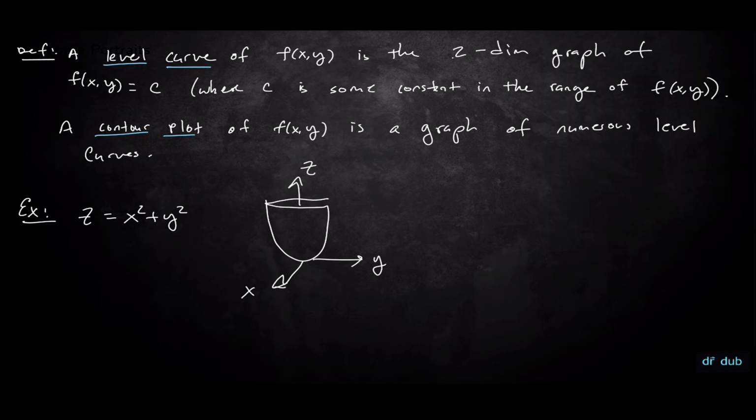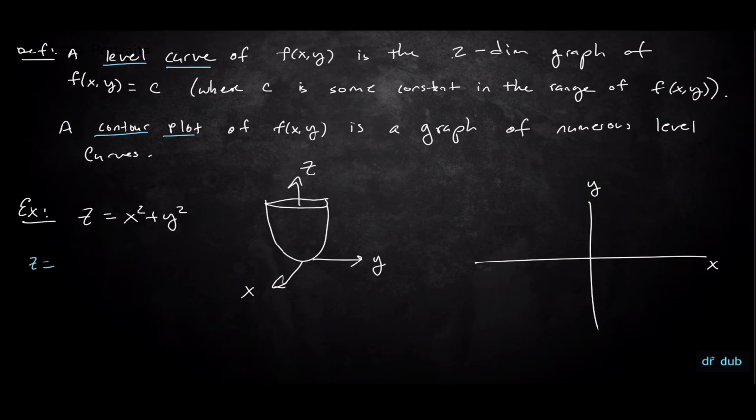Well, I probably have drawn it not very well, but cut me a little slack. So if I plot some level curves, let's say I pick z equals 0. So if I pick z equals 0, that's equal to x squared plus y squared. That's just a point right here.